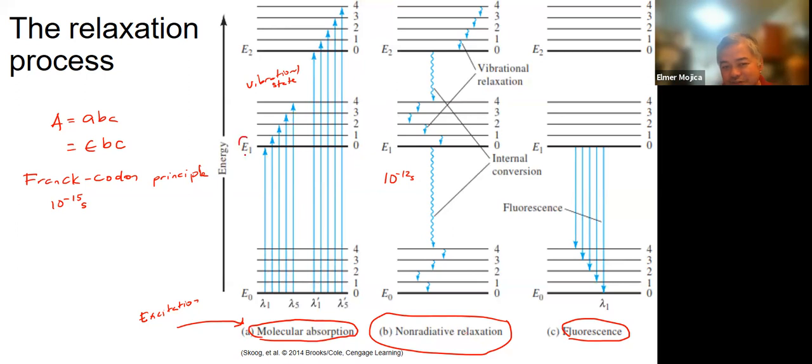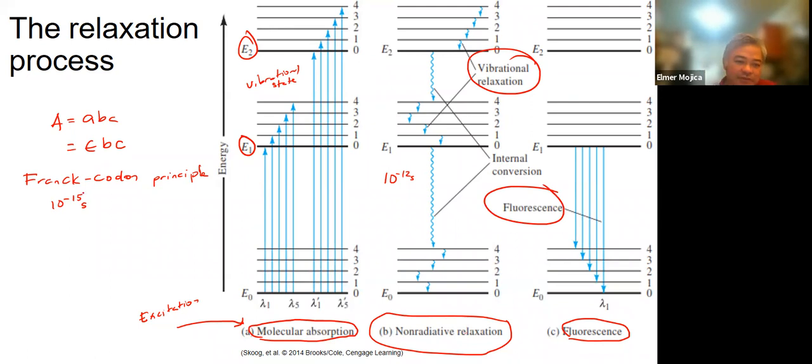Either it goes to the first excited state or the second excited state, depending on the energy or light that was irradiated. Now, once the molecules relax, either it goes through vibrational relaxation or the so-called fluorescence emission.